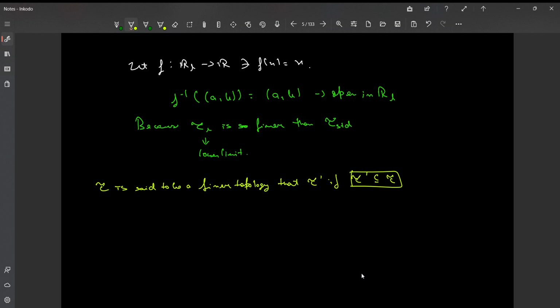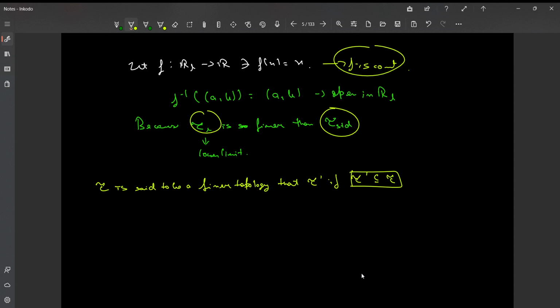So the topology generated by the open intervals is completely contained in the topology generated by the half open, half closed intervals. So since tau dash is contained in tau, here tau standard is contained in tau L. Therefore, every open set with respect to the standard topology must be an open set with respect to the lower limit topology, right? So in this case, f becomes a continuous mapping.